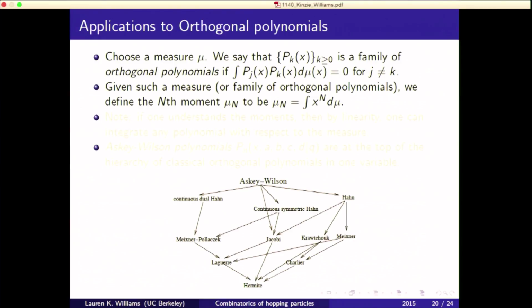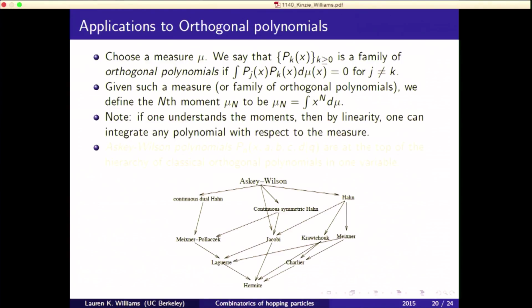Given such a measure, we define the nth moment to be what you get when you integrate x to the n. That's a natural object in that if you understand how to integrate x to the n for all n, then you know how to integrate all polynomials.